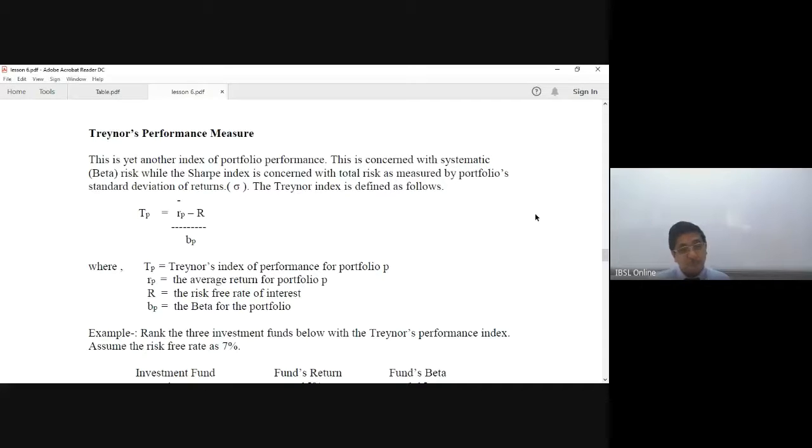So in Sharpe's index, the significance comes with the total risk. In Treynor's measure, the significance comes with the beta or systematic risk. That is the only difference here. So the Treynor index is also risk premium divided by beta. Now here, in place of total risk, the beta comes. All others remain same.